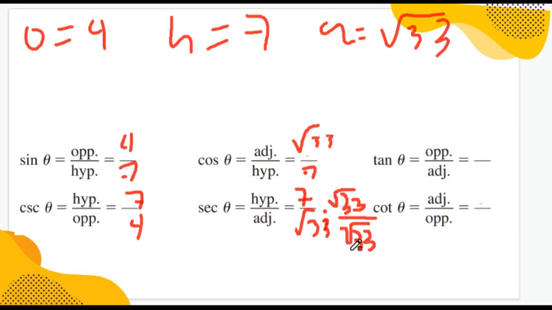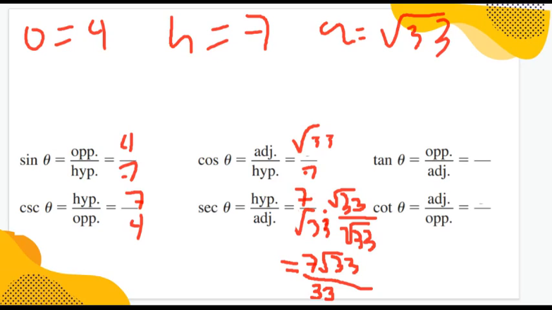And then let's rationalize. That will be equal to 7 square root of 33 all over 33. So this is now the value of our secant theta.